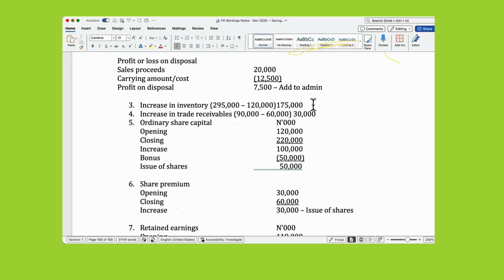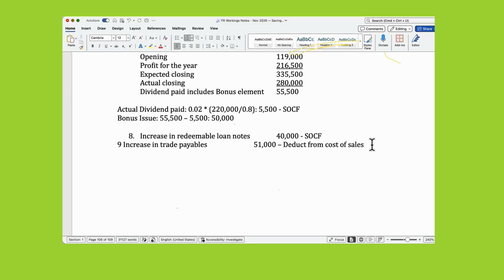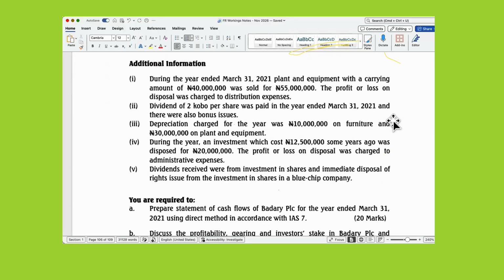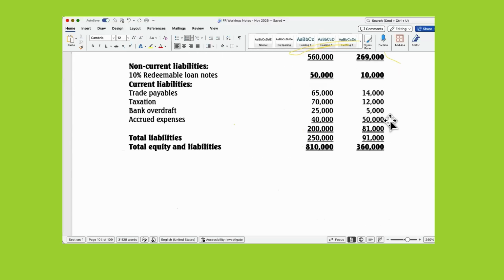This one I'm adding, but it will have been deducted already. Add to cost of sales. This one, deduct from revenue. Over time, you know exactly what you're doing with all these movements. By the time you get used to it, you might not show it in the workings, just show it on the face of the account.